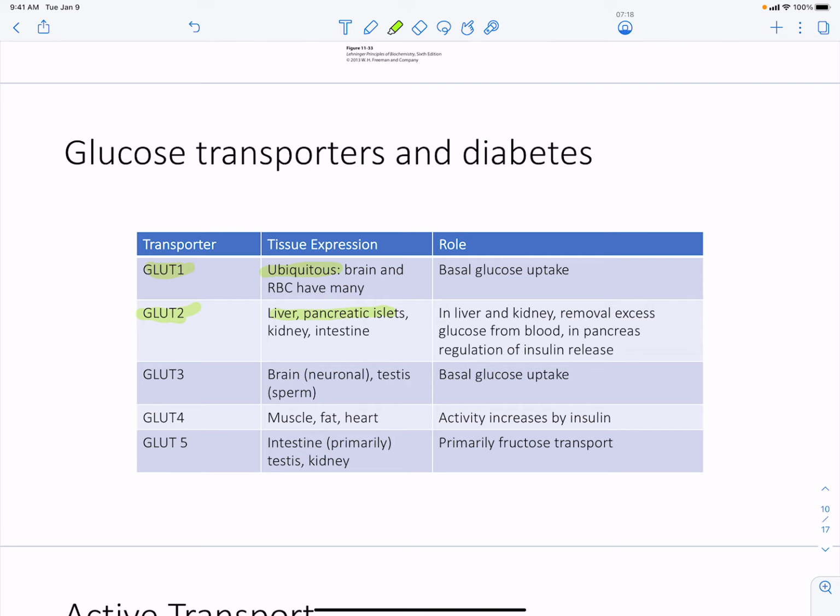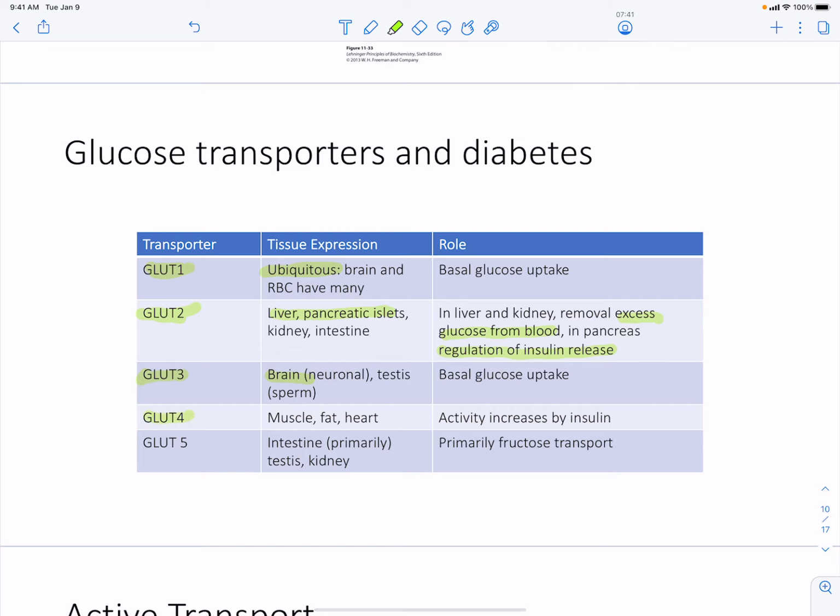And so these are going to be important in regulation of insulin release from the pancreas and removal of excess glucose from the blood with respect to your liver and your kidney to a smaller extent. GLUT3 transporters are going to be in the brain, and they're also in the testes, and this is similar to our GLUT1 in that they're always going to be on.